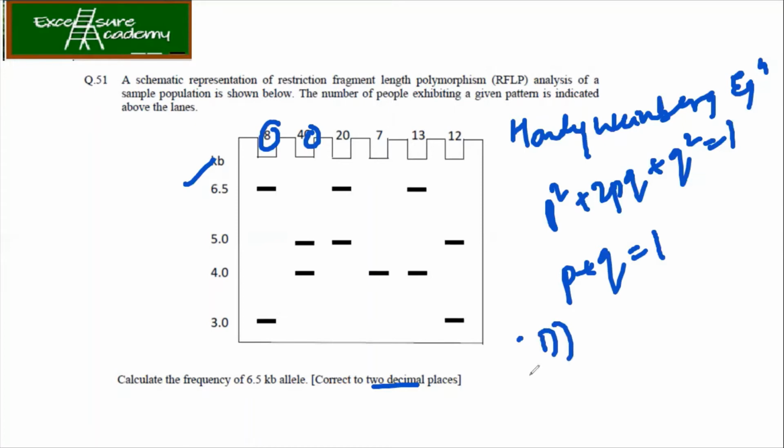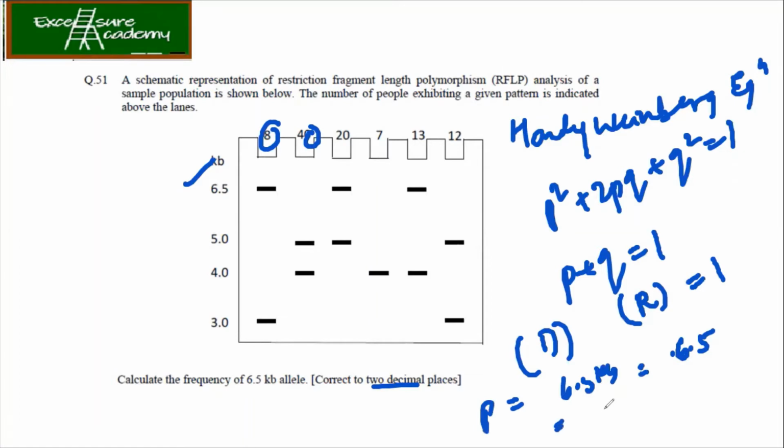So if p is your dominant allele and q is your recessive allele, then the total frequency is going to be 1 in a population. Now using the same formula, let us say that p is equal to 6.5 kb, or this can be written as 6.5 divided by 10. So then you will get around 0.65.